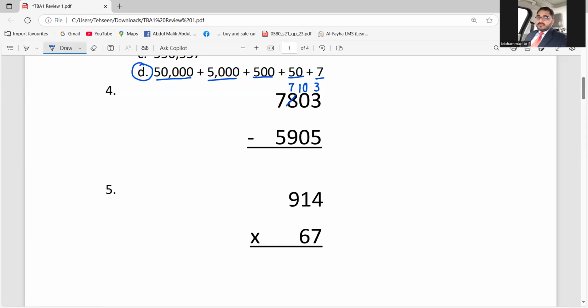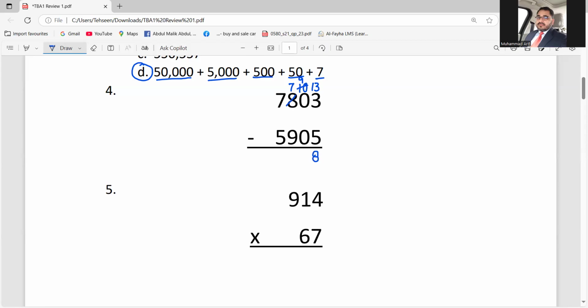Now from 10, we can borrow 1 with this 3. This will be 13. And now this is not 10. Now this will be 9. At the place of 10 remaining is 9. Now we need to subtract. 13 minus 5, 8.